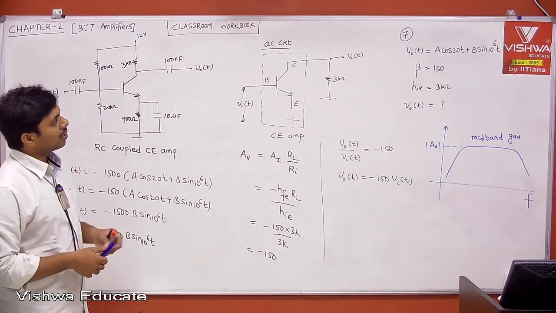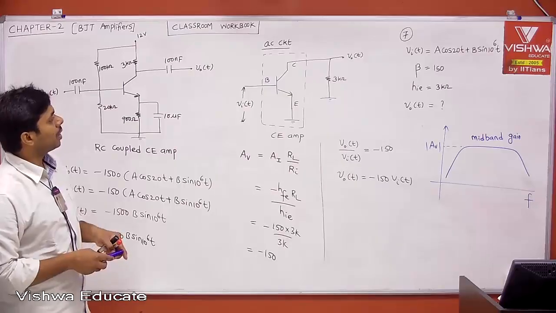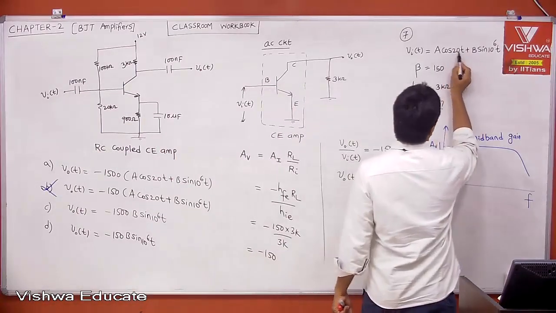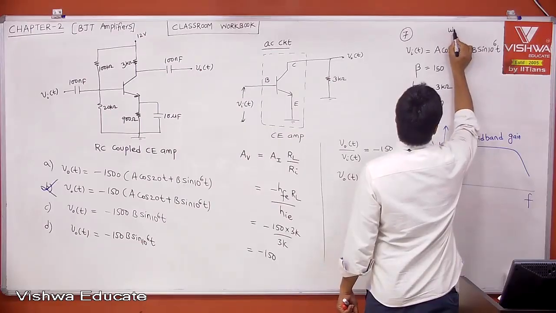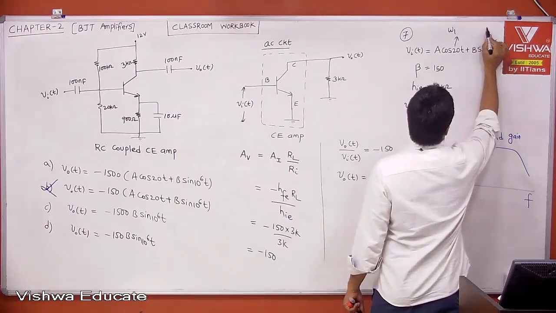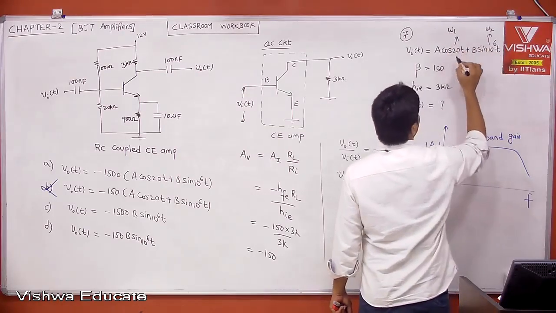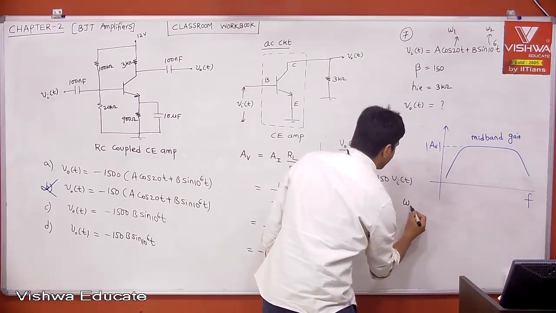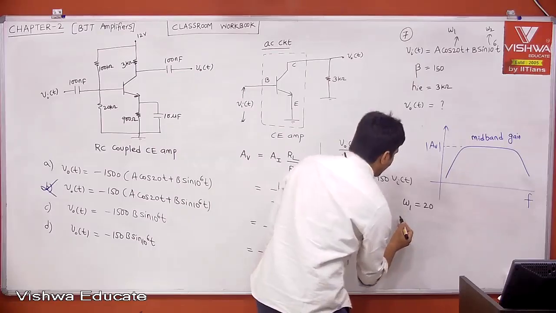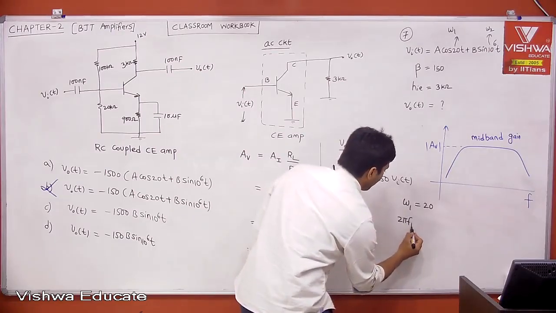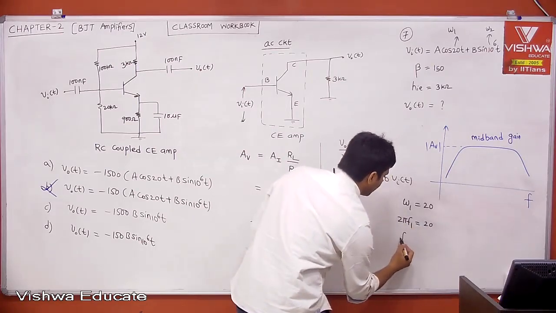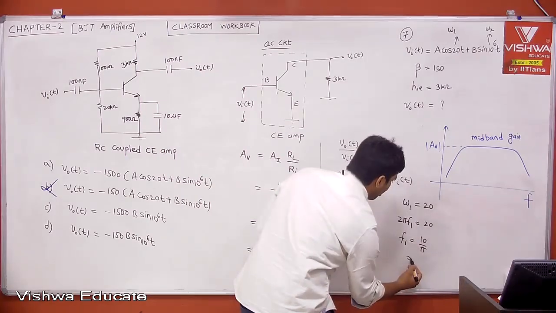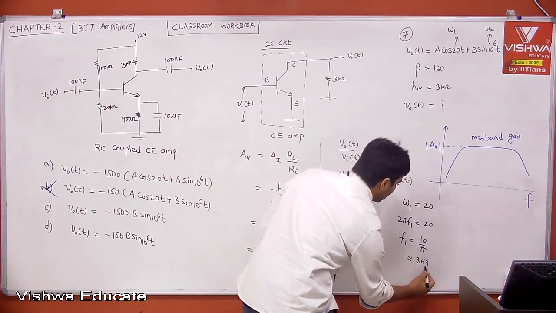Now, let's see Va of t, which is A cos 20t plus B sin 10 to the power of 60. This is cos omega 1 t, and this is sin omega 2 t. Let's see the frequency components. What is omega 1? Omega 1 is 20. 2 pi f1 is equal to 20, so f1 is equal to 10 by pi, approximately 3 hertz.